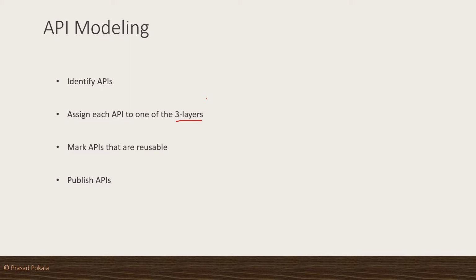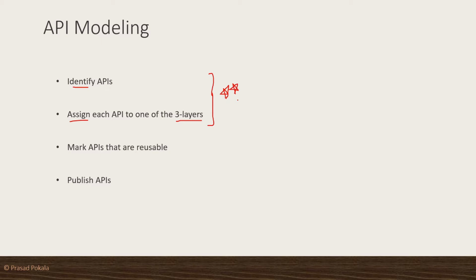So in the next phase, you will have to again play a very key role. In the previous section it is also a key role, but this is an even more critical area where you have to focus most of your time. Okay, because identifying and assigning the APIs to relevant layers is a very important part in the project.